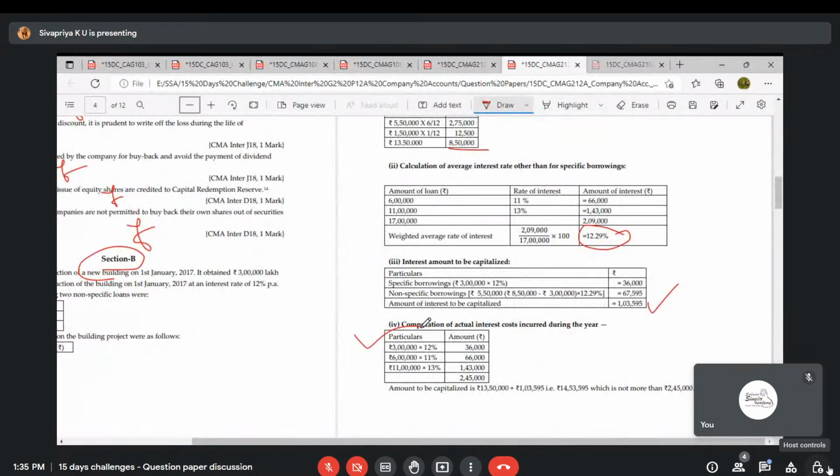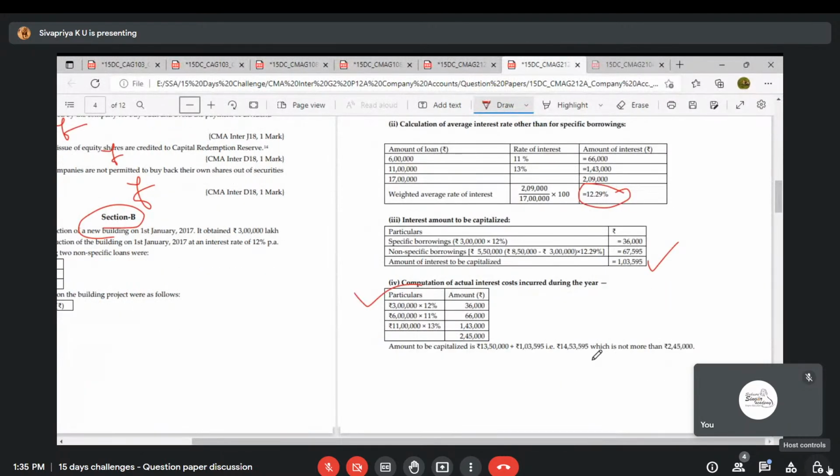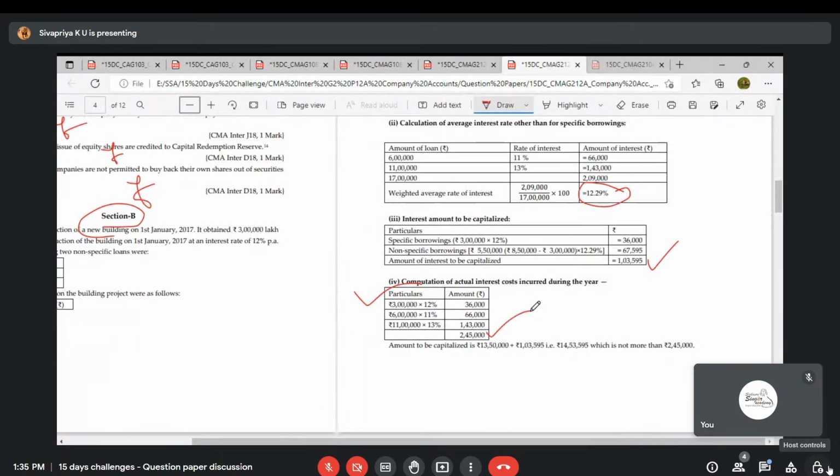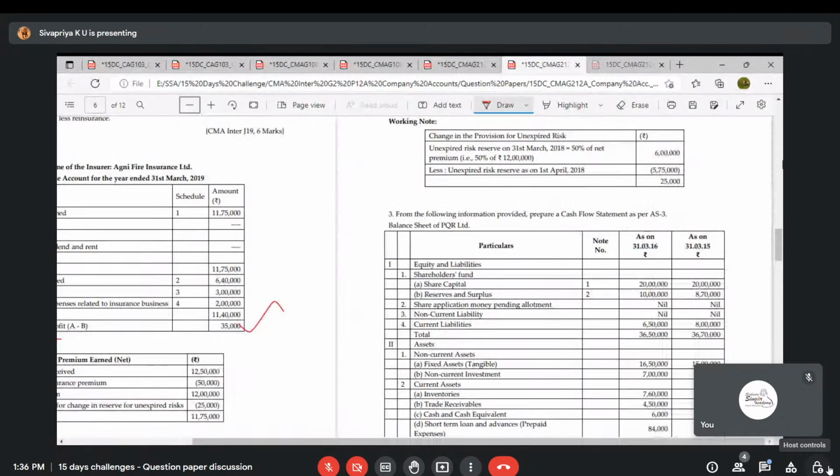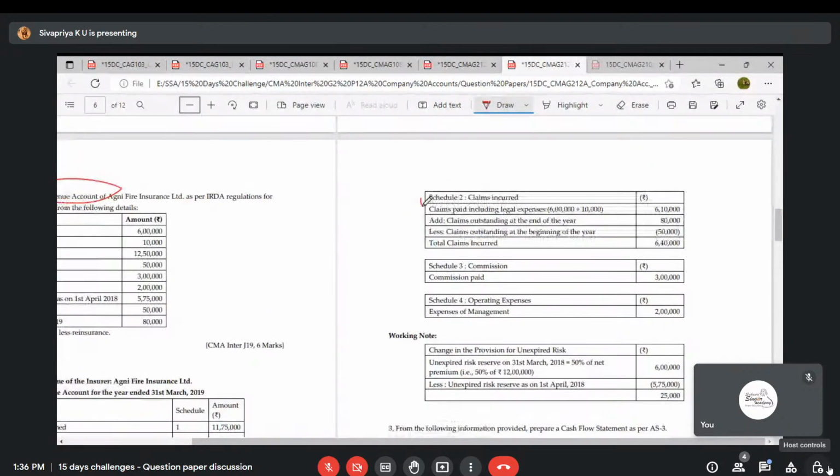And the actual interest cost incurred during the year is 2,45,000. Premium earned: Schedule 2 claims, Schedule 3 commission, Schedule 4 operating expenses. Working notes for that. Any change in the provision for unexpired risk?